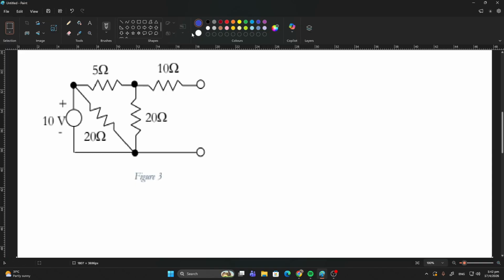For Norton, we have to find the current, or let's find the equivalent resistor first. Okay, so same thing, short the voltage source. You will see that your resistor essentially also equals 14 ohms.